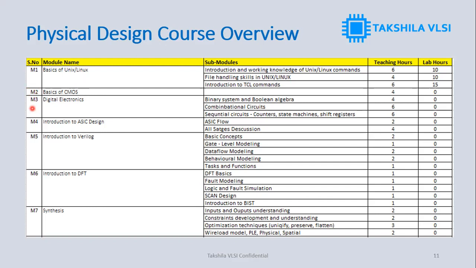Third module is digital electronics. Like what is digital, what is analog, the difference between analog and digital, number systems and conversions, Boolean algebra, and what are combinational circuits. About half adder, full adder, multiplexer, demultiplexer, encoder, decoder, comparator.